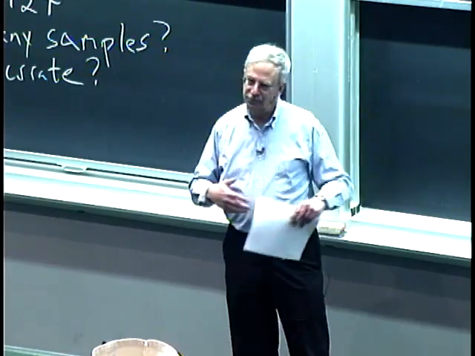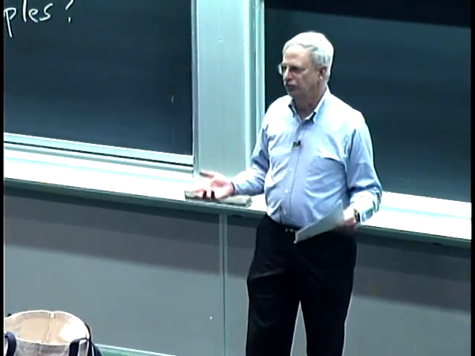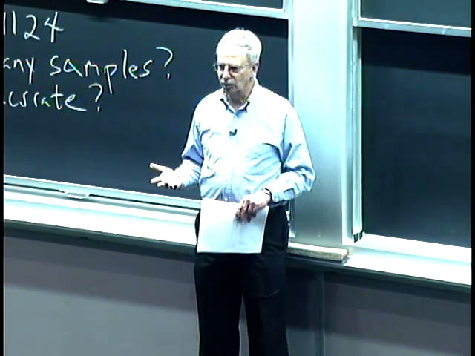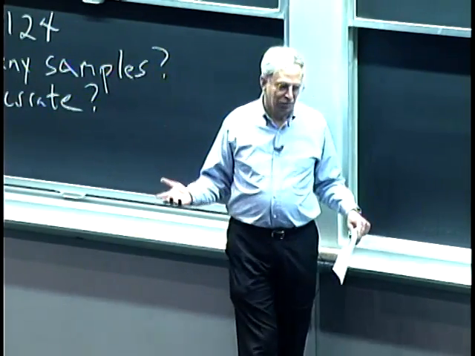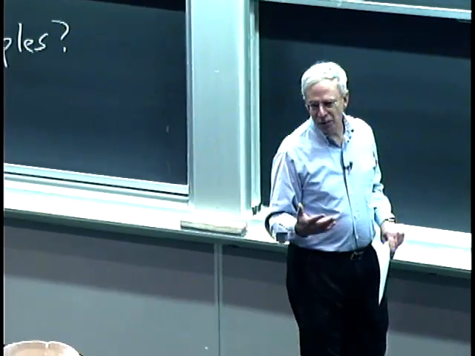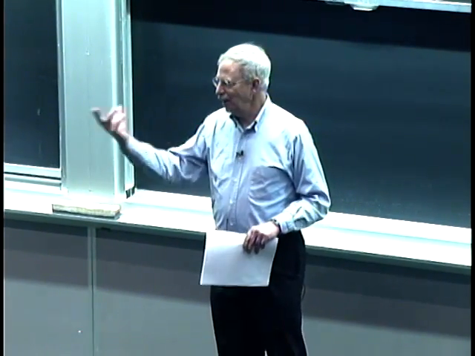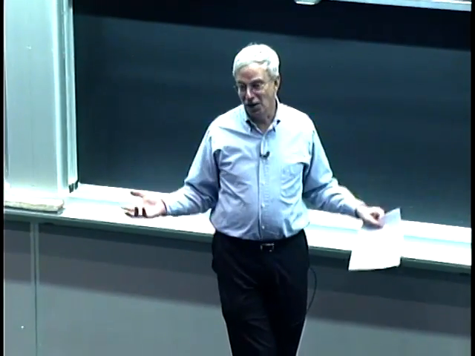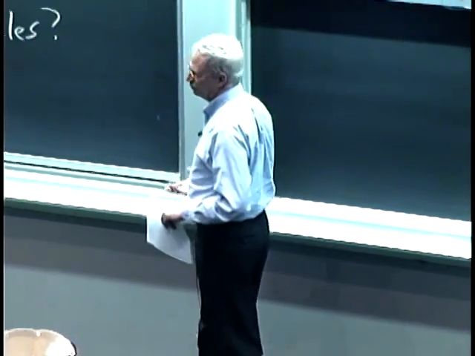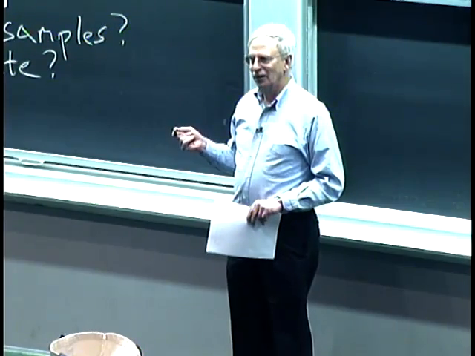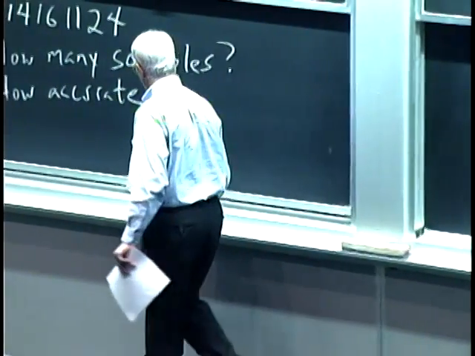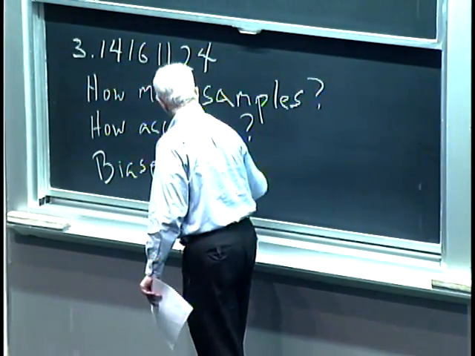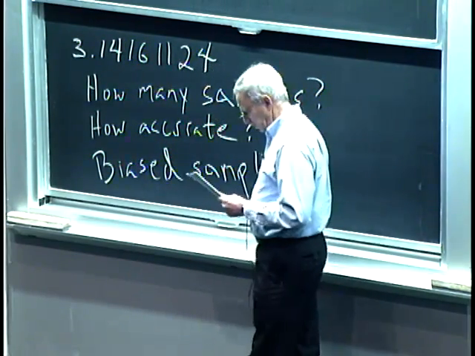So if I went around MIT and sampled 100 students to try and, for example, guess the fraction of students at MIT who are of Chinese descent, maybe 100 students would be enough, but maybe I would get unlucky and draw the wrong 100 in the sense of, by accident, 100 Chinese descent or 100 non-Chinese descent, which would give me the wrong answer. And there would be no way I could be sure that I had not drawn a biased sample unless I really did have the whole population to look at.